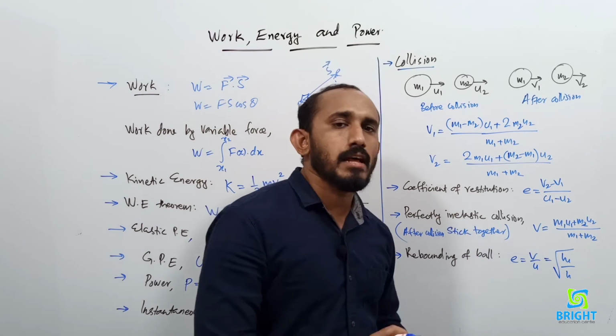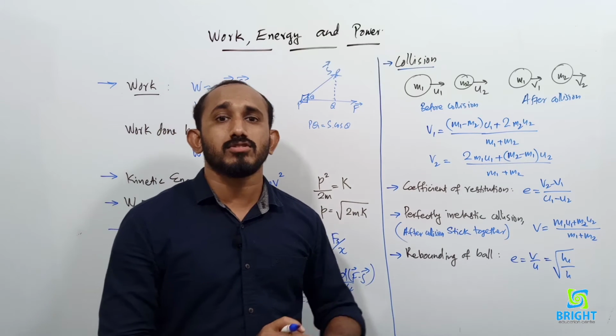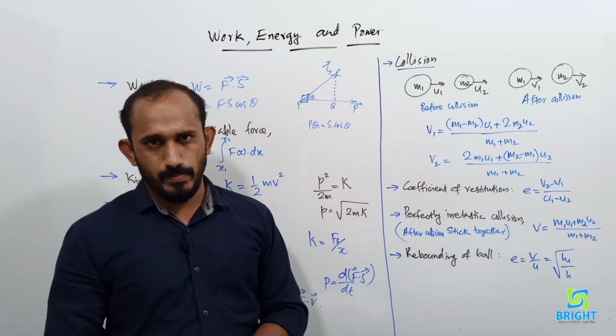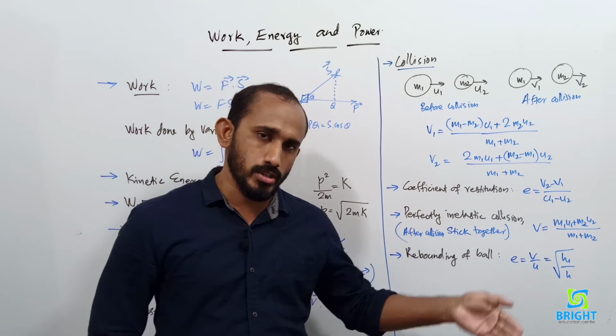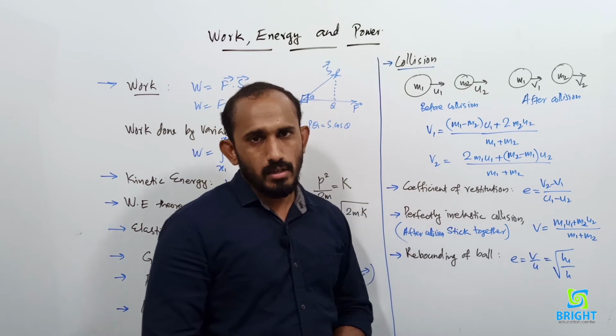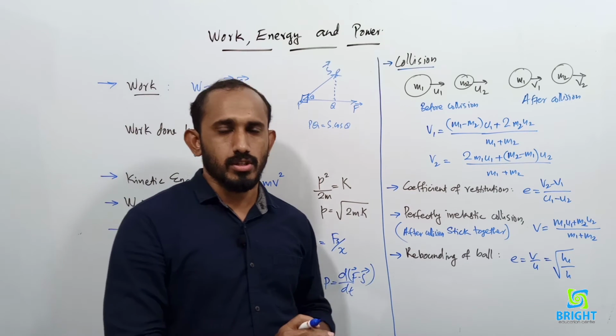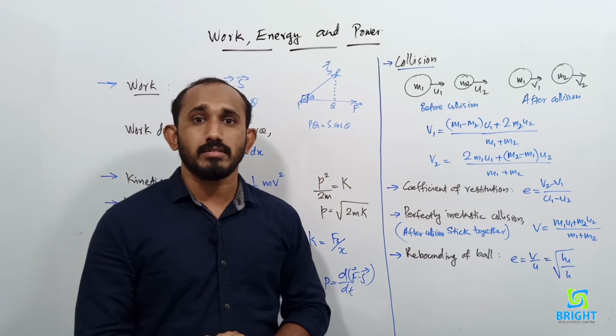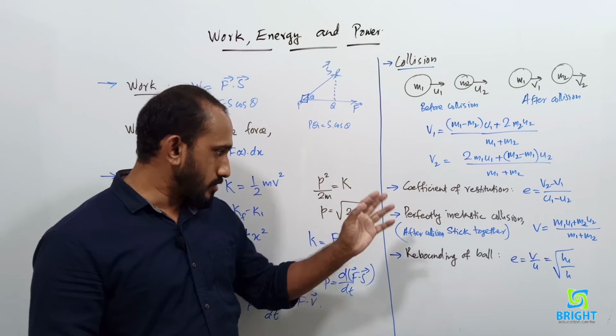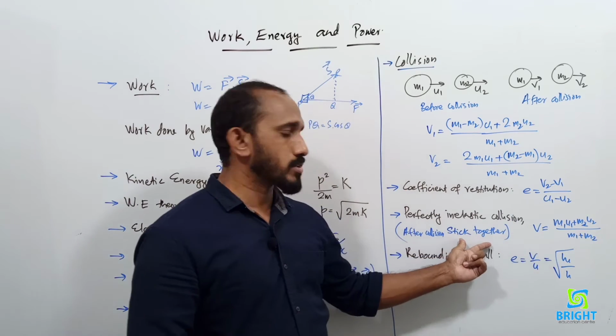Even a perfectly inelastic collision, that means kinetic energy is not conserved, is lost. It can happen when two bodies stick together after collision. One question can come this way: both bodies stick together after collision, then that is not elastic, that is inelastic collision. We call it a perfectly inelastic collision. In this case, after collision, both bodies stick together.